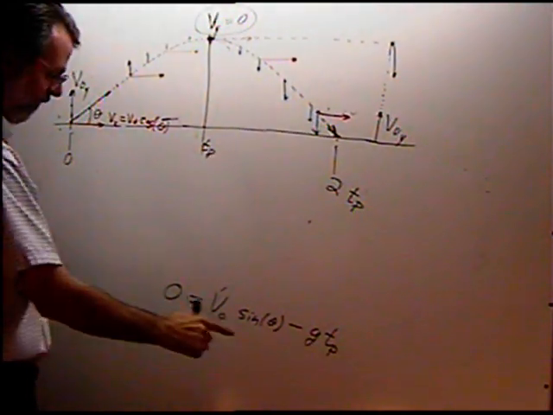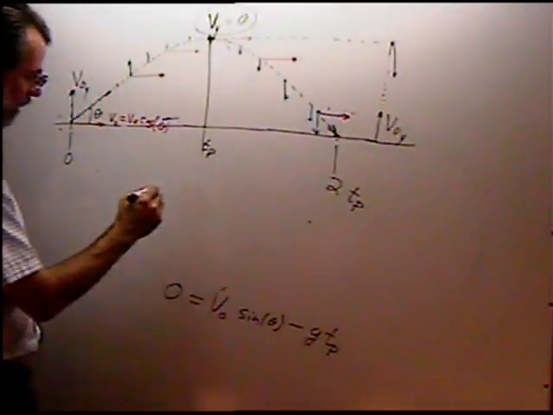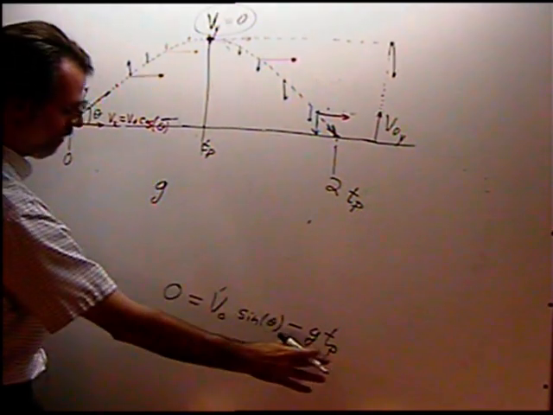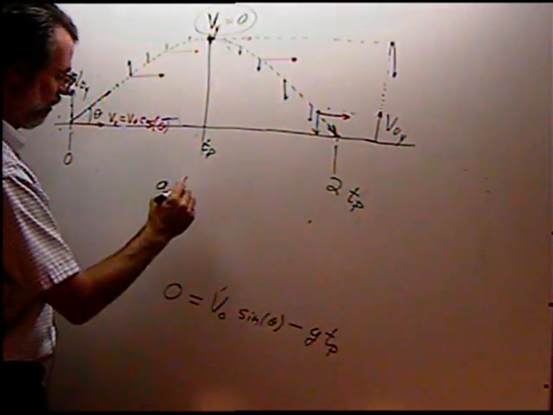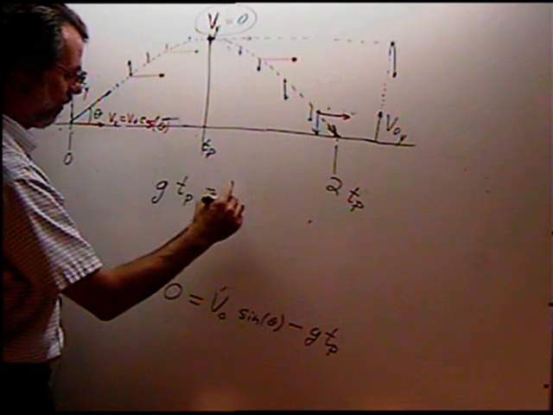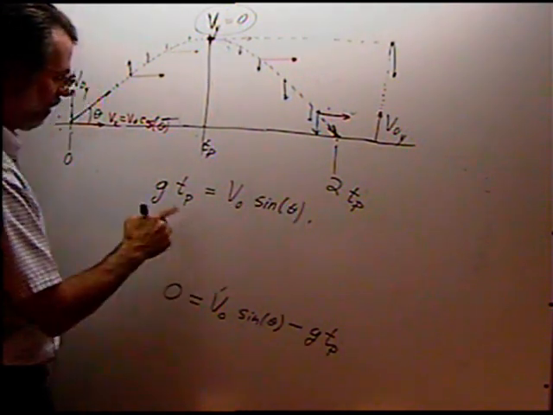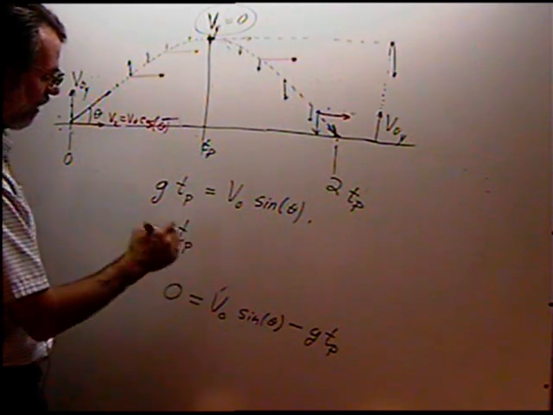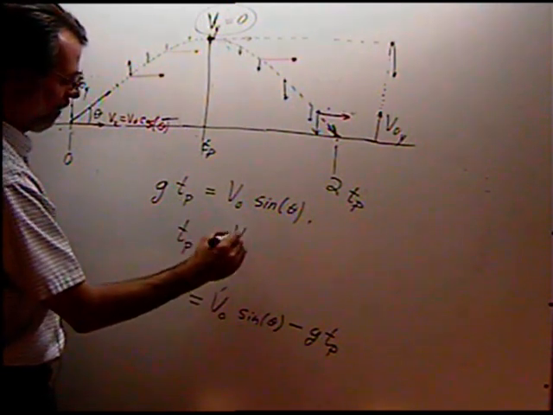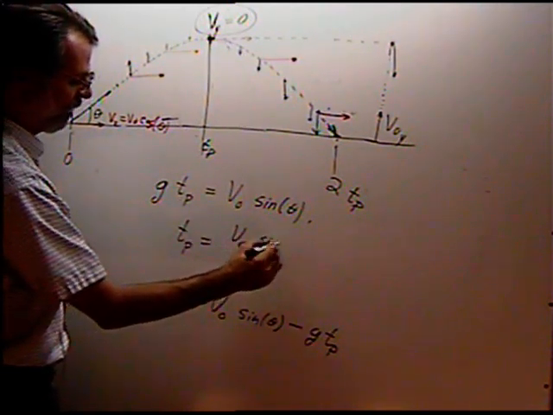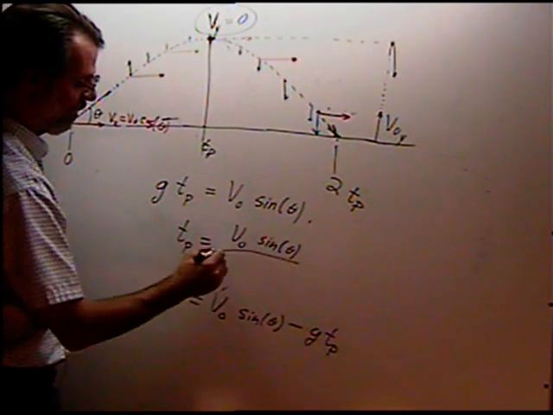This is t sub p. We solve for t sub p: add g t sub p to both sides, so g t sub p equals the initial velocity times the sine of the angle. Time to peak is the initial velocity times the sine of the angle divided by g.